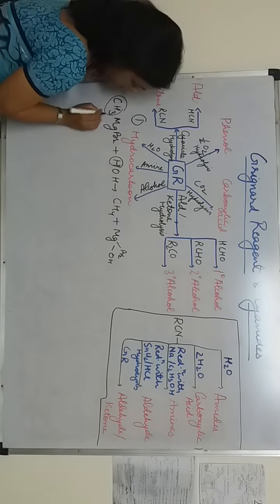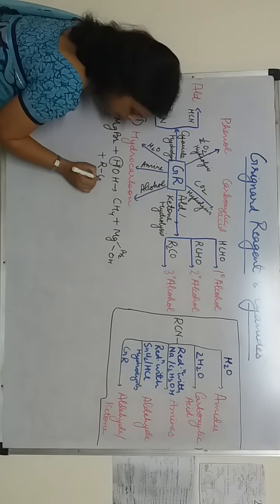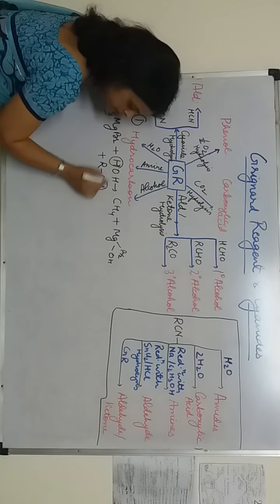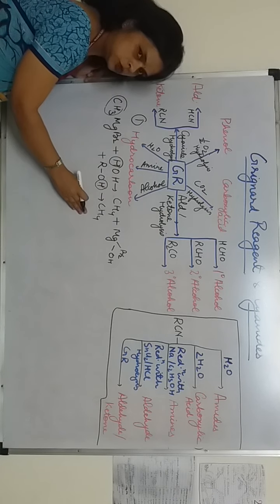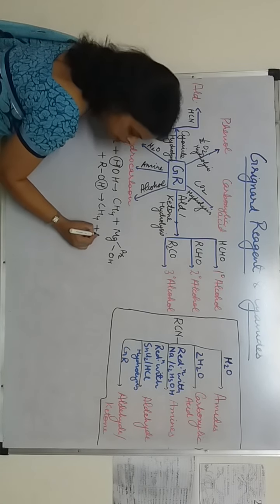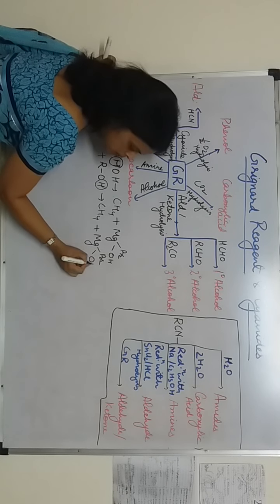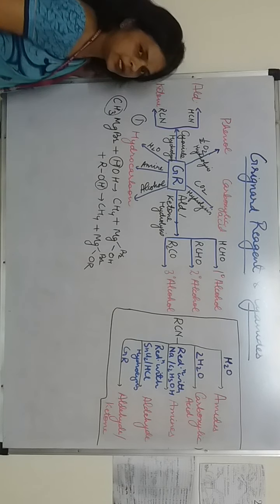Okay, now if the same Grignard reagent is reacting with alcohol, this alkyl part will react with this H and the same CH4 hydrocarbon will be formed and the side product will be MgBr OR. Okay, this MgBr and this OR will get attached with this Mg.